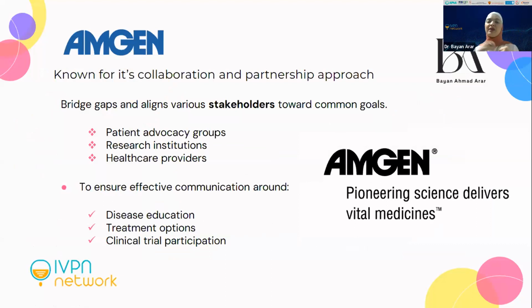As we said, the main purpose of communication is to achieve a common goal. For example, they collaborate with patient advocacy groups, research institutions, and healthcare providers. Amgen is very well known for its scientific approach. What's the message or the goal?